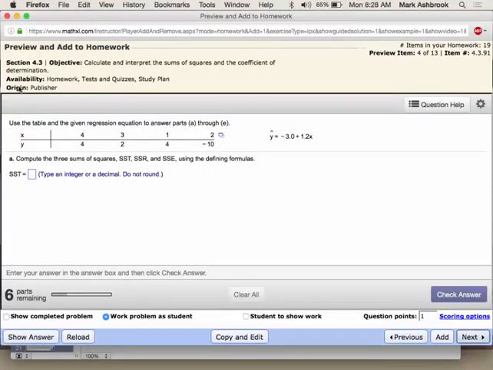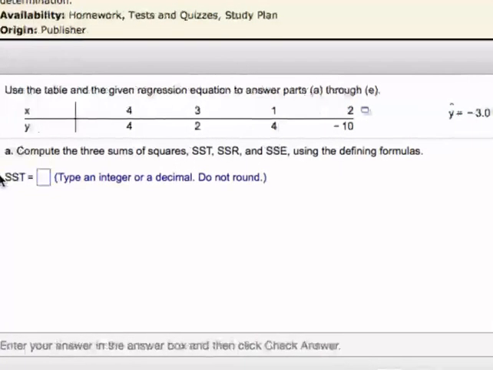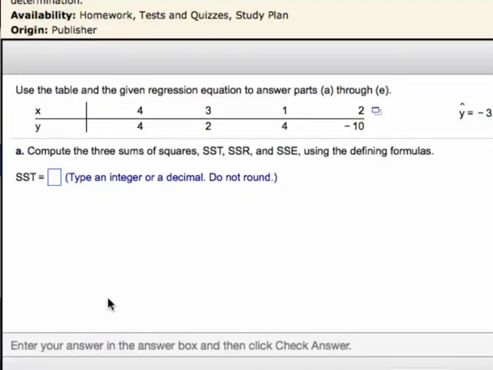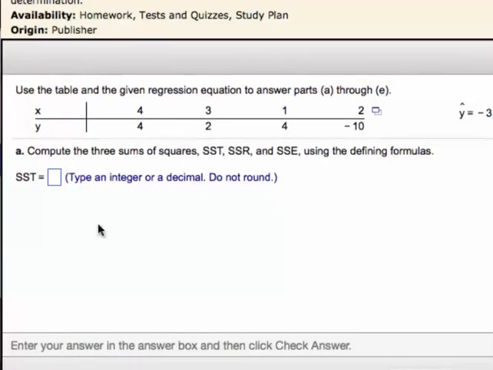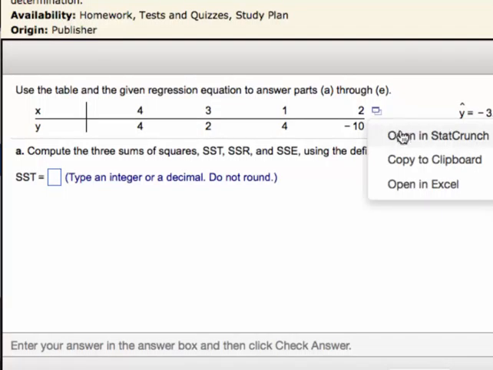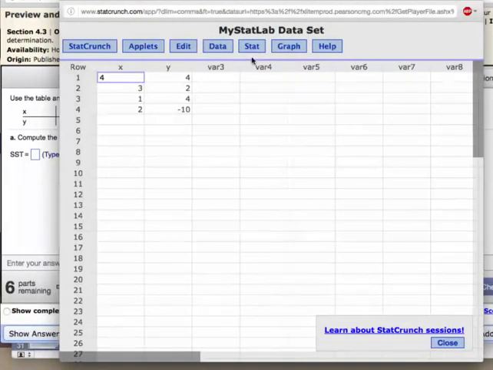Okay. So it wants us to do the SSR, SSE, and SST. They already told us that the best fit line is -3 plus 1.2x. I'm going to show you how StatCrunch can get those values for us. We're going to do the same thing we did before.